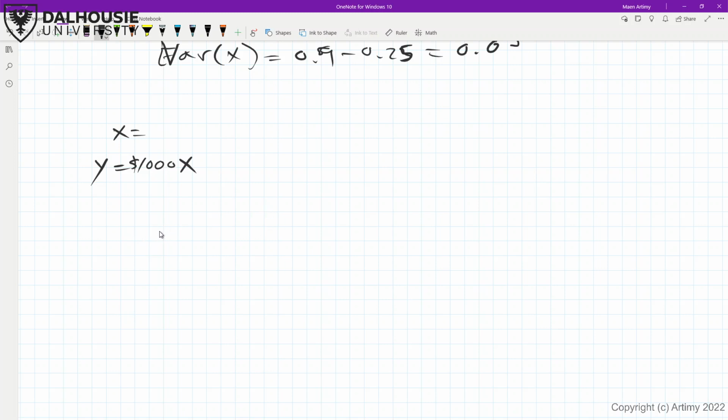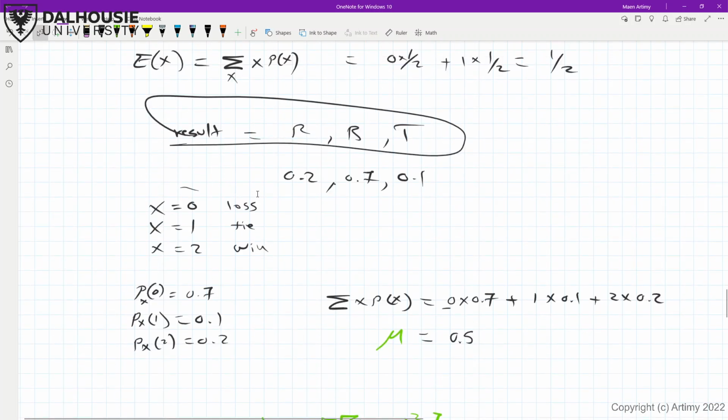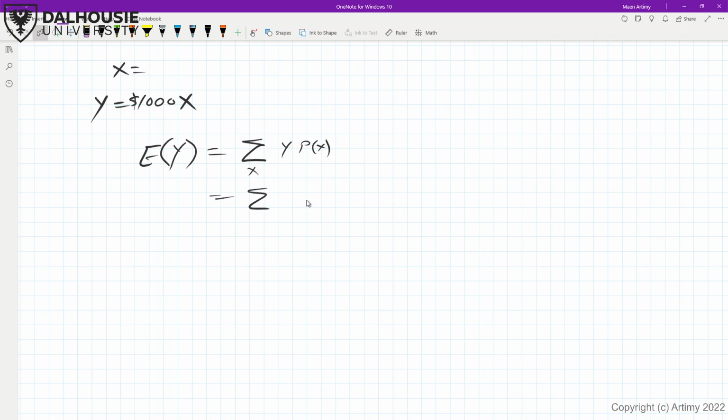And for the example that we chose, which is the red team, we could say that the expectation of Y is the sum of y p(x), for all x, and this will be 1000 x p(x).